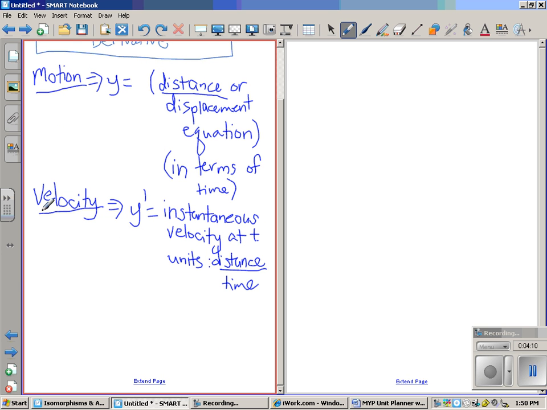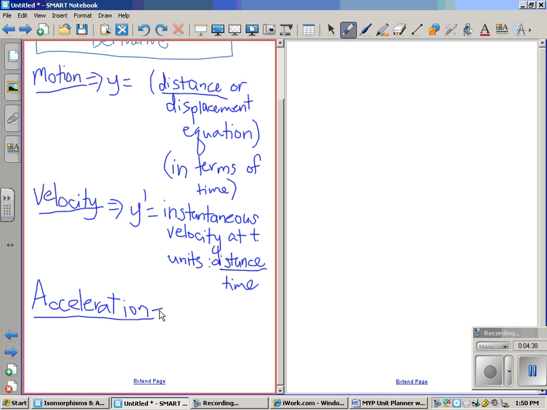Now, you have velocity, which measures the rate of change of the motion. Now, what's the rate of change of the velocity? Well, we call that the acceleration. Whoa. Maybe I should use a highlighter. Okay, so here's the acceleration.